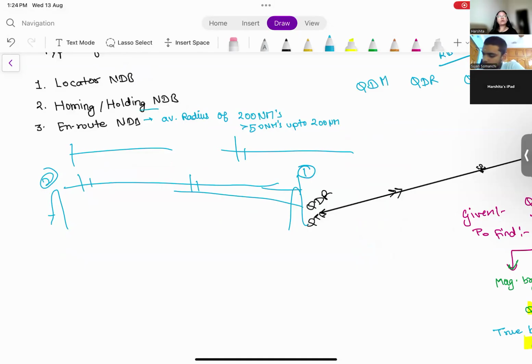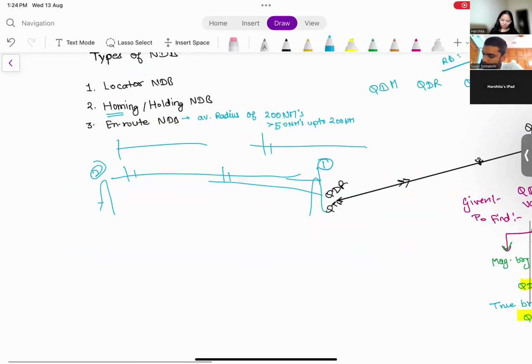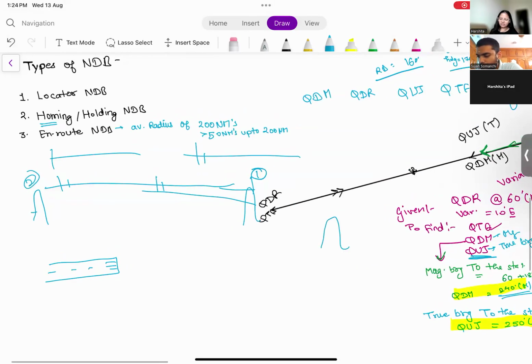Comes the homing or holding NDB. The word homing itself means that you are going towards your home, right? So when you are coming to land at any destination airport, there will be one NDB situated nearly at this place, 50 nautical miles, and this NDB will be just there to welcome you.